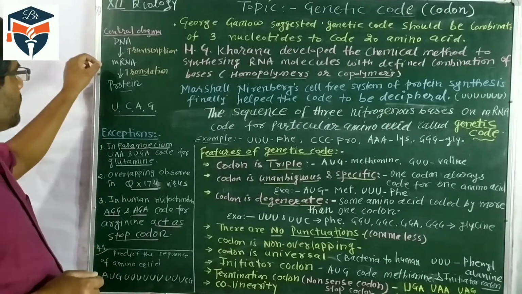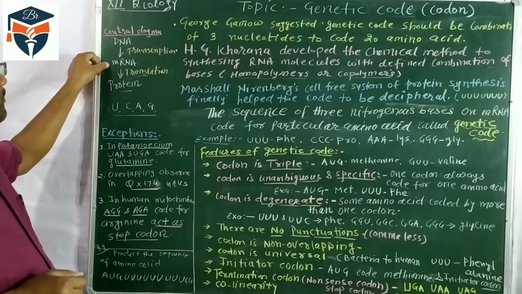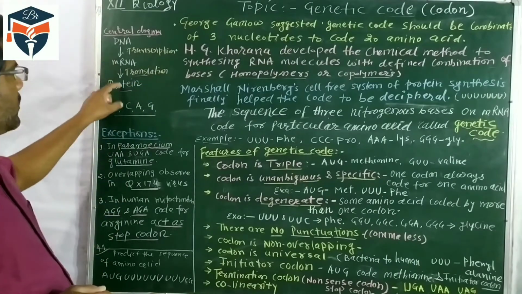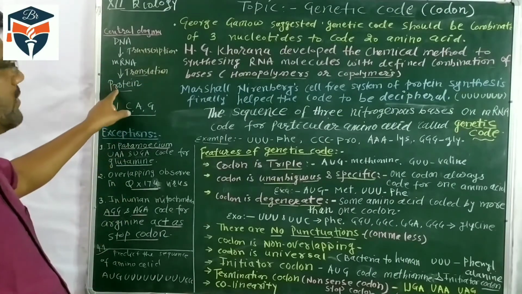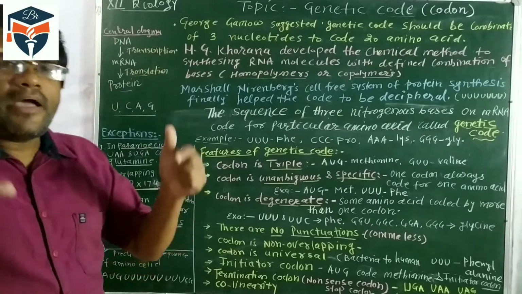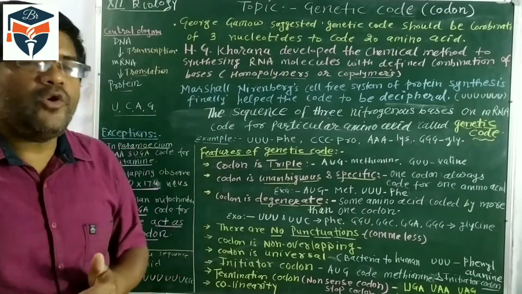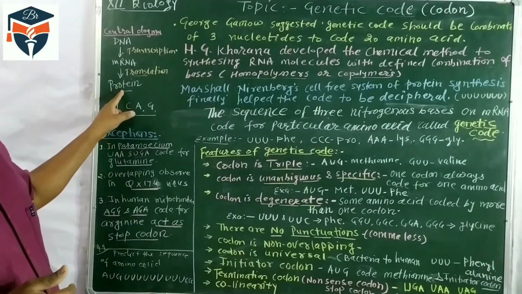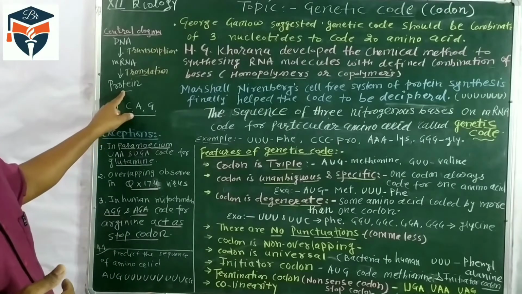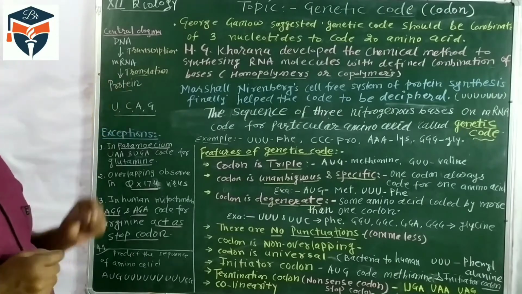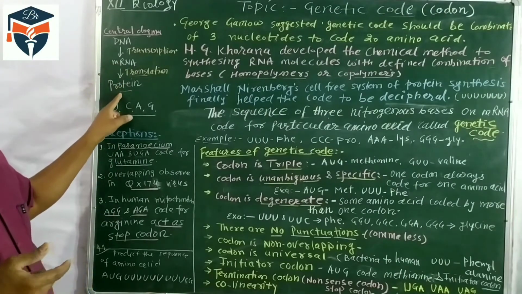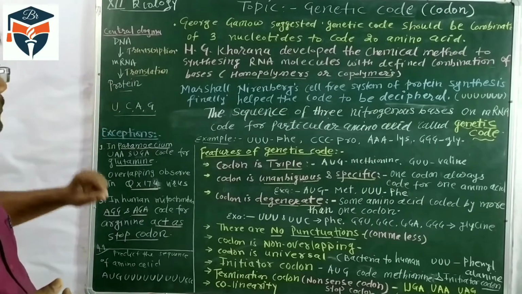Protein is a large molecule, a polymer of amino acids. So the amino acid is a monomer, and amino acids help in the formation of protein.